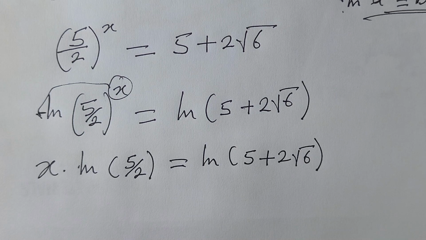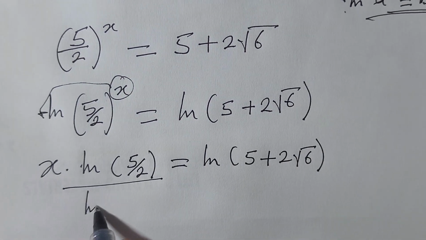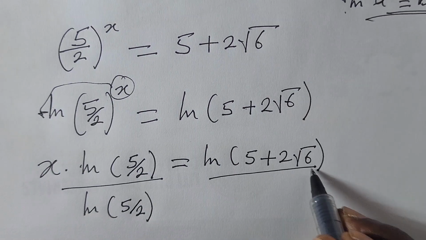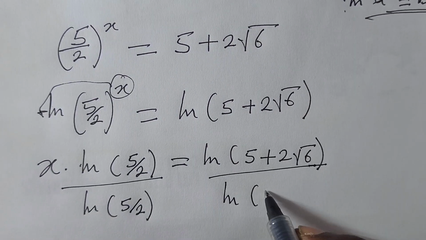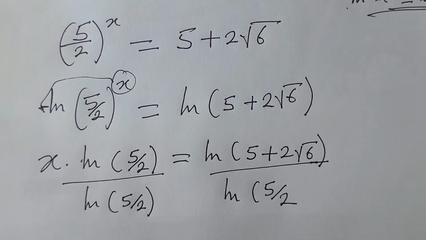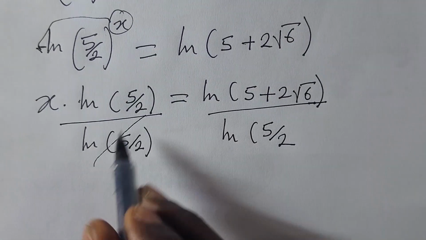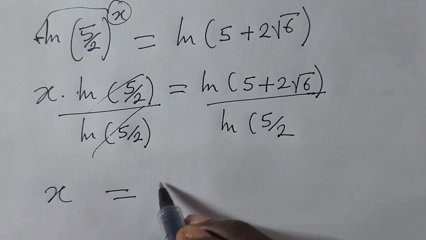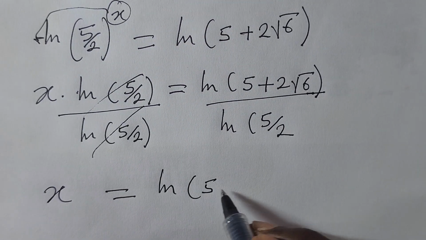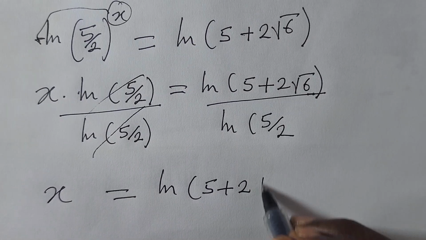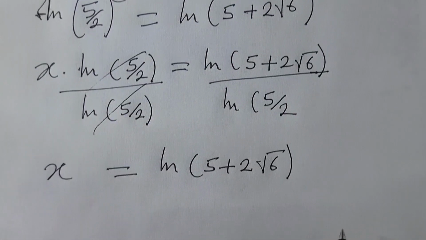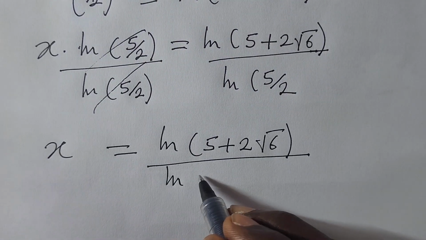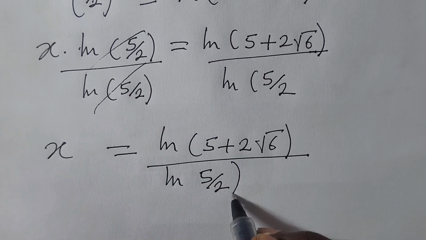So from here, we're looking for x. We simply divide by the ln of 5 all over 2, and equally divide this side by the ln of 5 all over 2. So we now have x equal to the ln of bracket 5 plus 2 root 6 close bracket, everything all over the ln of 5 all over 2.